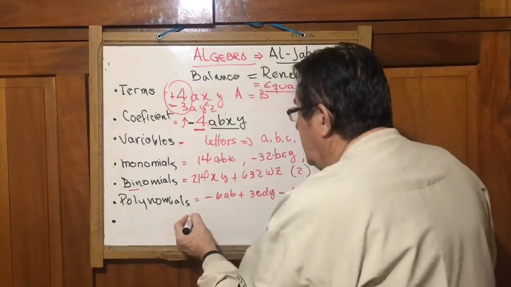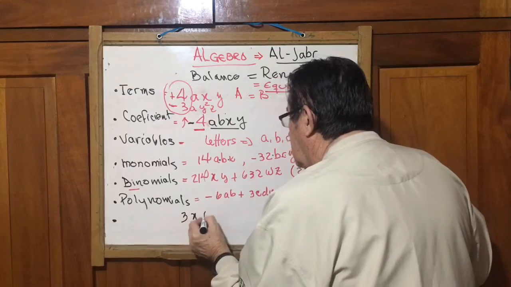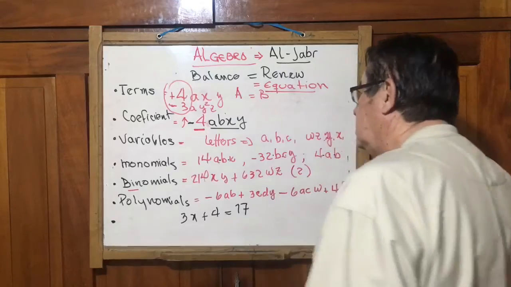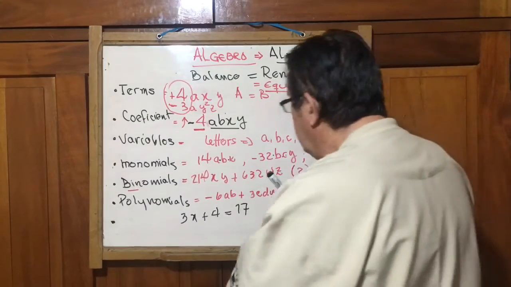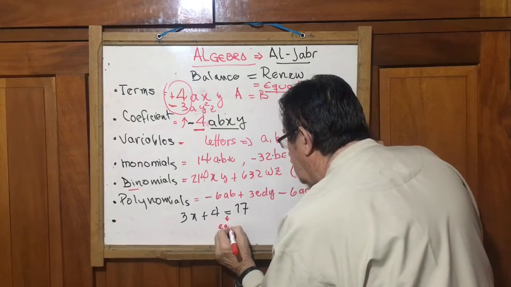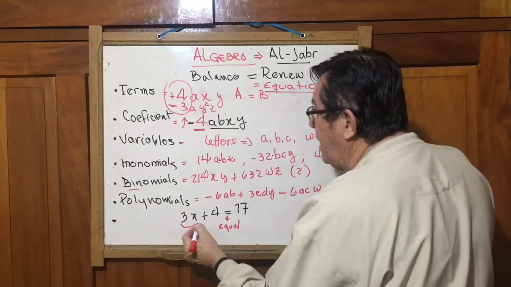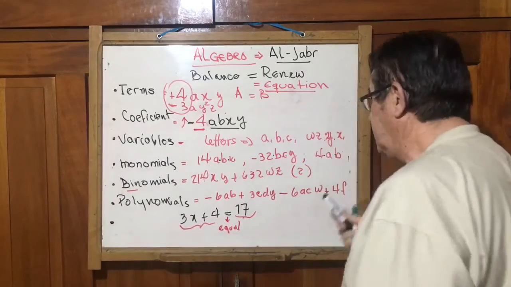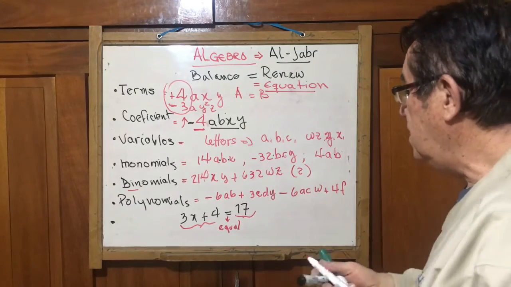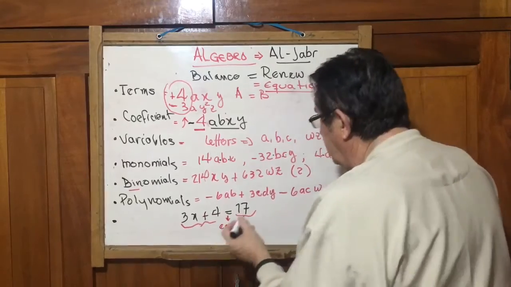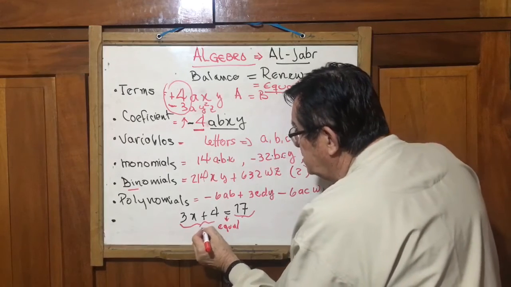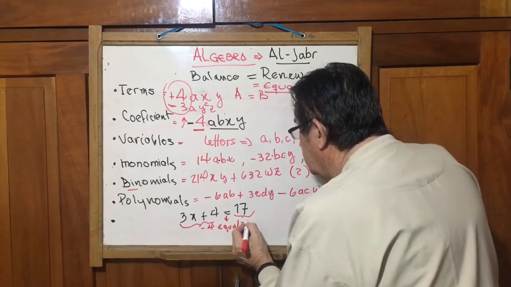For instance, I may have 3x plus 4 equals 17. This is an equation. That means that I have this sign that says that it's equal. That means that I have to balance this side with this other side. That's why we have to balance and renew. And with this one-step equation, what I can do is use the property of the inverse by subtracting on both sides.